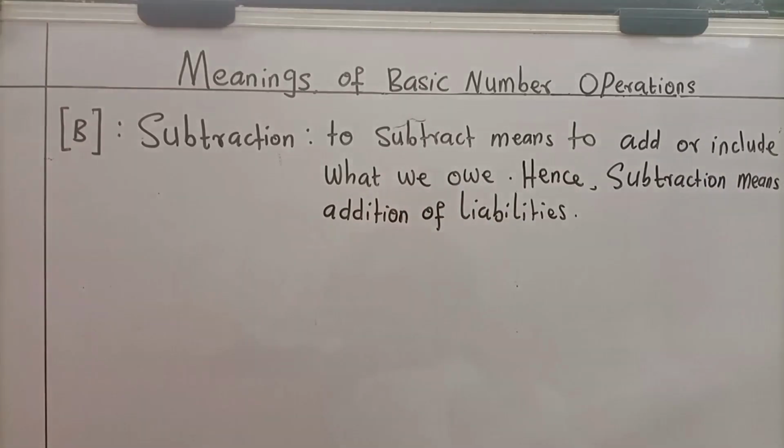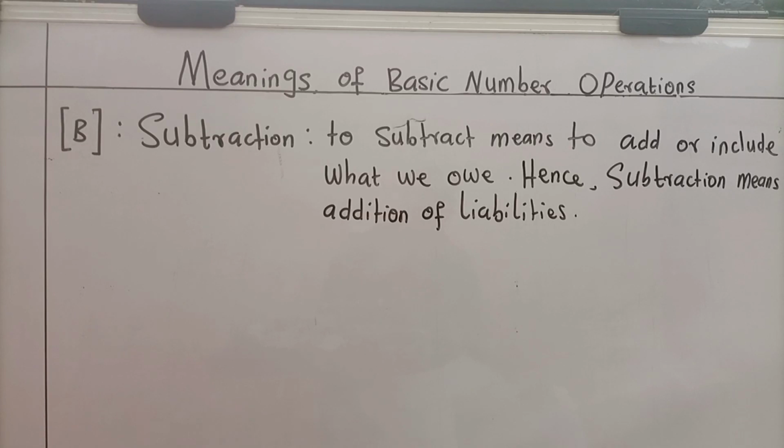Before now, what did you think is the meaning of this word subtraction? Did you think that it meant to remove or to reduce? Anyway, with examples that follow, you might now find out that that idea about subtraction, that is removing, is wrong.